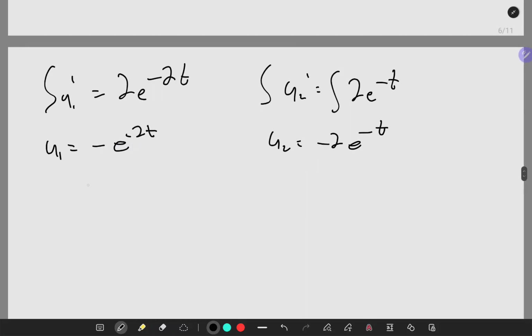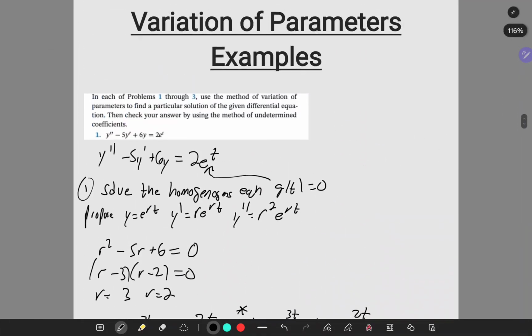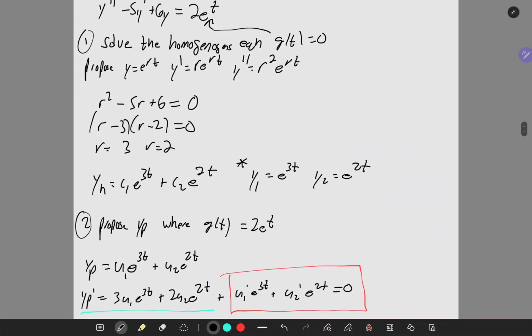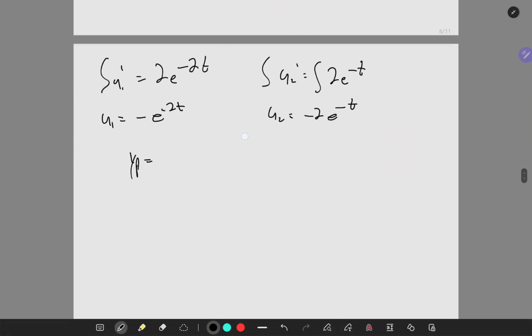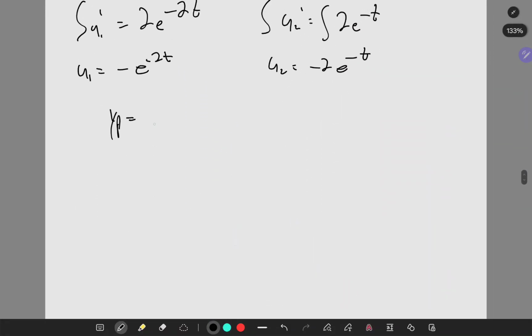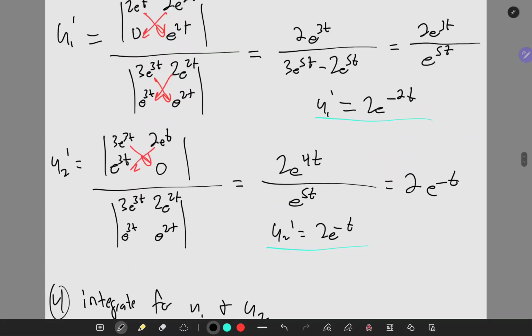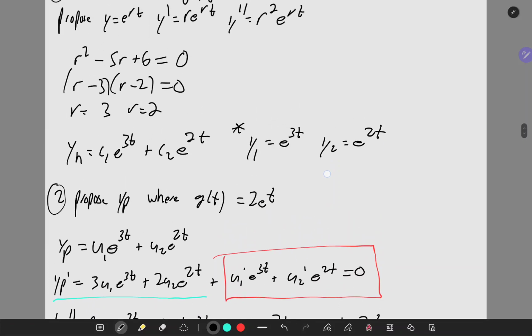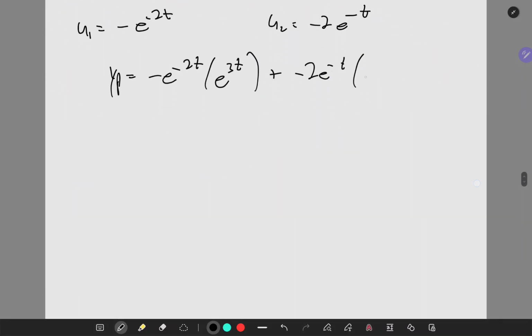And then we just plug in and go back to our y sub p. So let's look up here. Right here, u1 times e to the 3t, plus u2 times, I think it was e to the 2t. Yes. So then from there, let me see if that's correct.